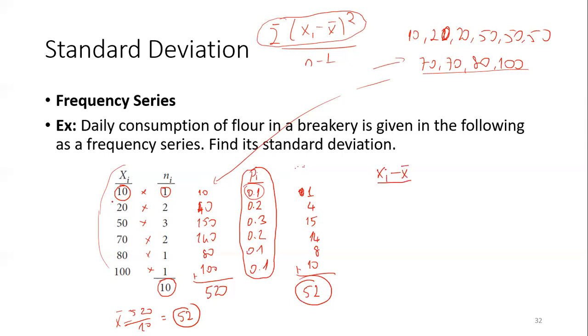This is 10 minus 52, which is minus 42, 20 minus 52 is minus 32, 50 minus 52 is minus 2, 70 minus 52 is 18, 80 minus 52 is 28, and 100 minus 52 is 48. Then you can take the square of them. Minus 42 squared is a big number.